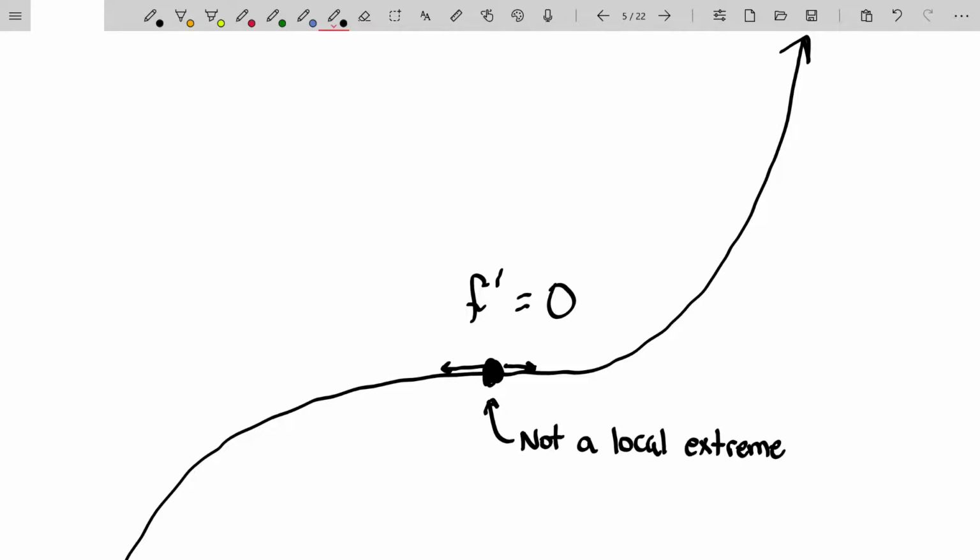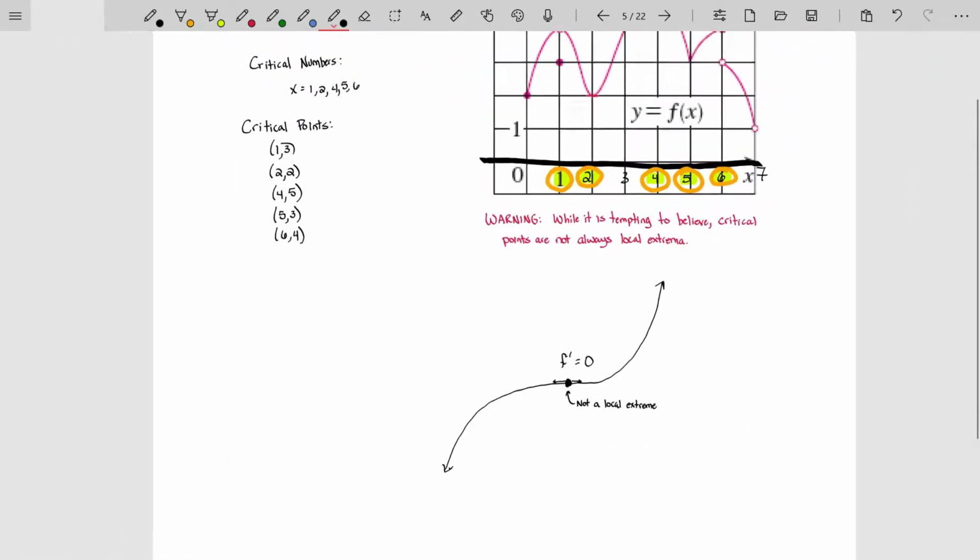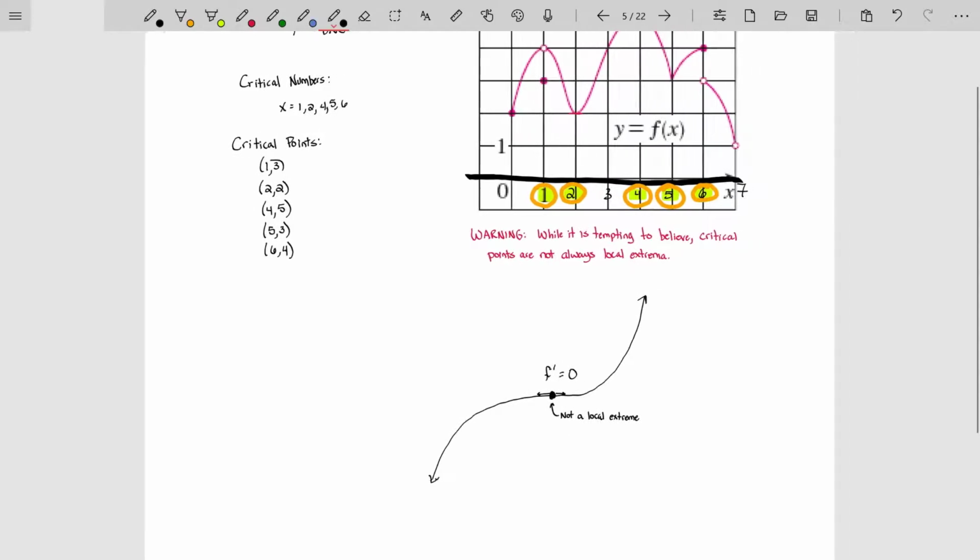Yet it is actually a critical point. So there's a good example of a point that is a critical point, but is not a local extreme. That can happen. It is true though that critical points often lead to local extremes. They're not always local extremes.